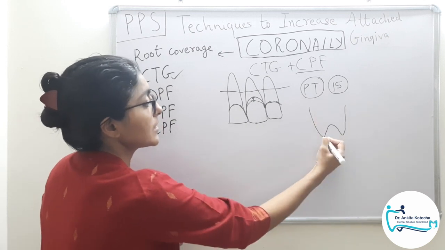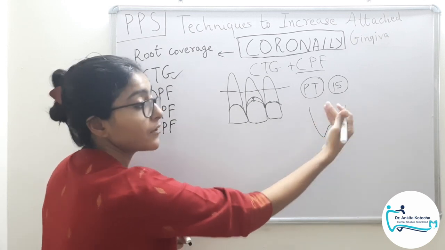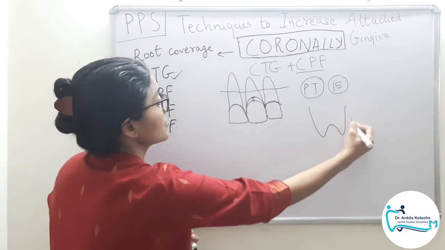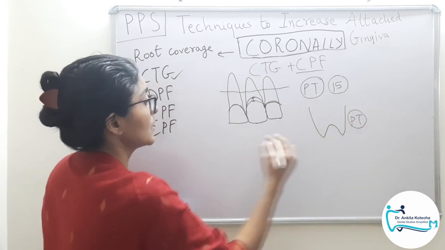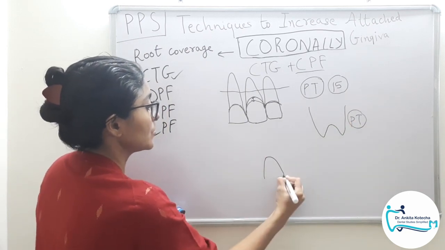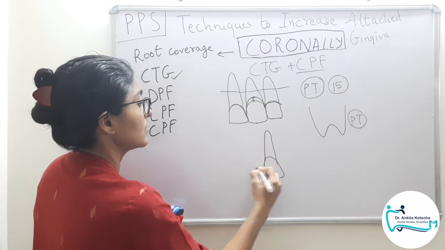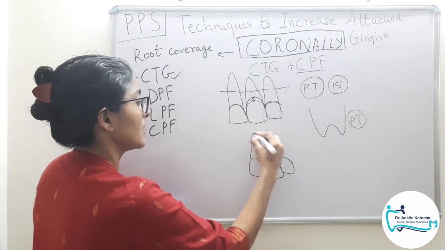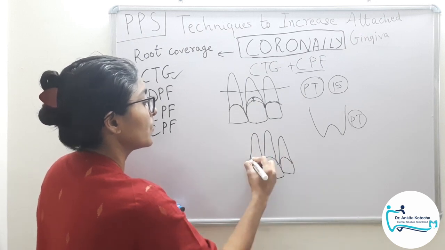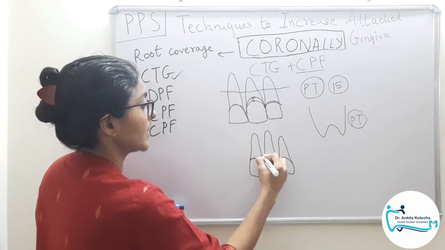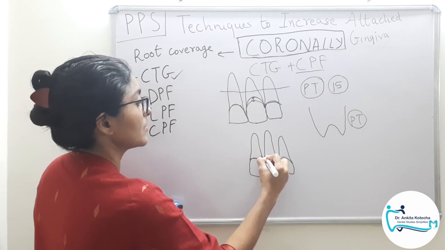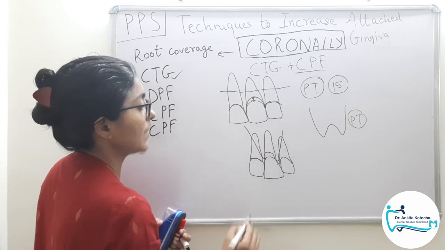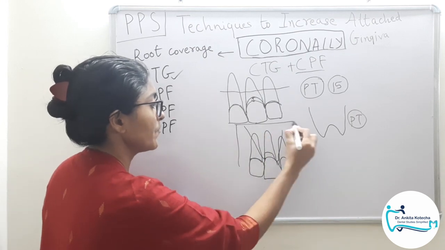So the flap preparation design is somewhat like this. Two vertical releasing incisions creating new papilla which will fit the existing interproximal papilla, and a connecting horizontal circular incision, everything partial thickness. So onto this tooth, once this flap is prepared, this is the flap preparation, if you can appreciate.